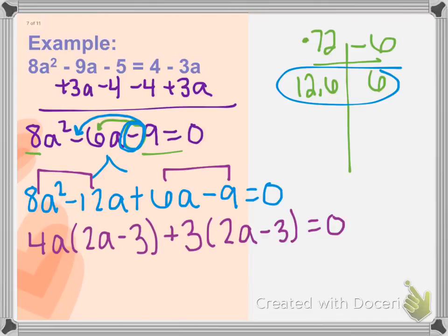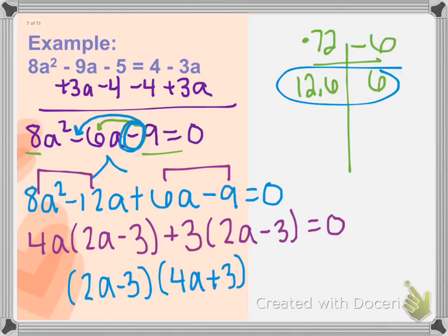When I go to write my answer, I write whatever was in the parentheses once, so 2a minus 3, and the leftovers in the other, 4a plus 3. I am not done with this because I still have to solve it because there was an equal sign to begin with.